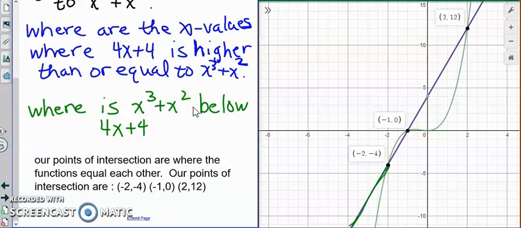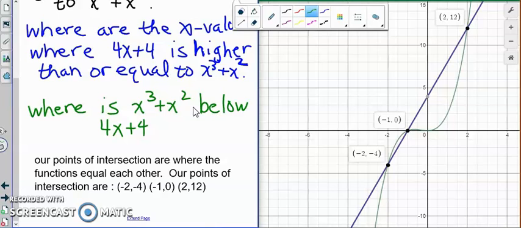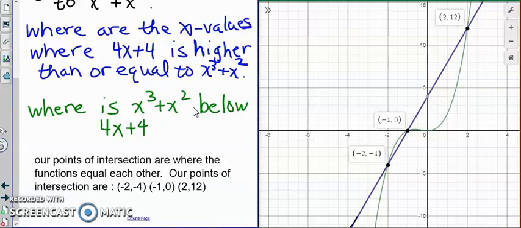Let's not use green, let's use black. So we know this portion right here is higher than the green line. So we know from our domain, our x values, where the function is higher or equal to, it's from -infinity to -2. At -2 is where it's equal to. So we go ahead and put that there because we're trying to find greater than or equal to.